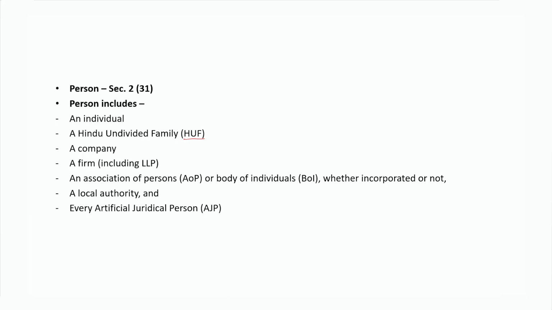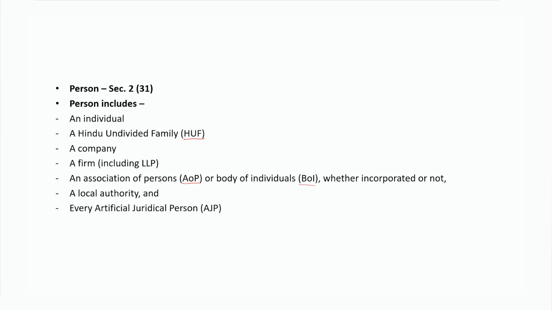Then we talk about something known as Association of Persons or AOP. It also includes body of individuals, which is BOI, irrespective of whether they are incorporated or not. And then they talk about local authority and every artificial juridical person.